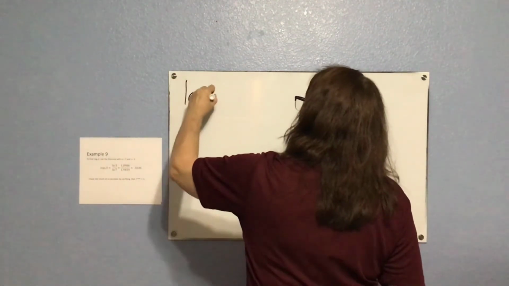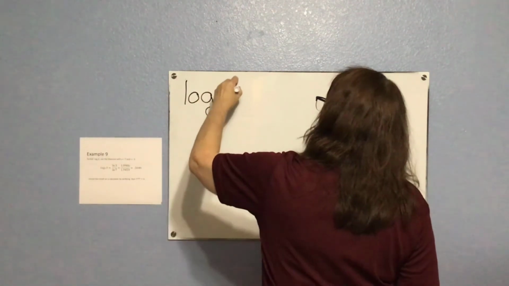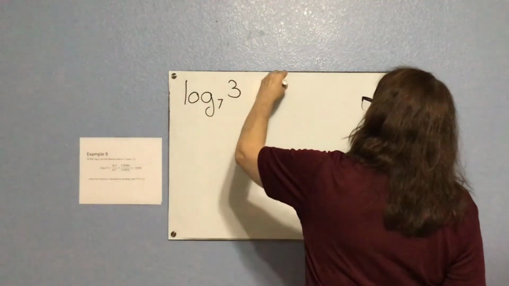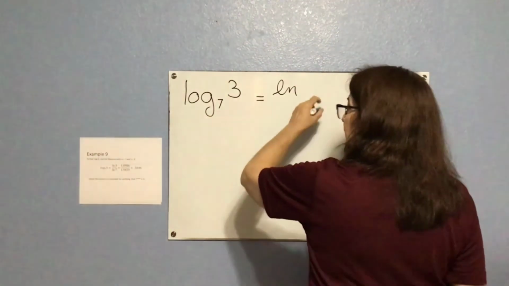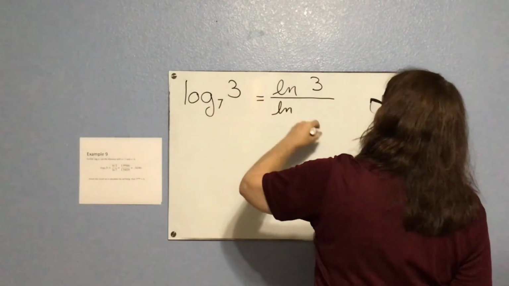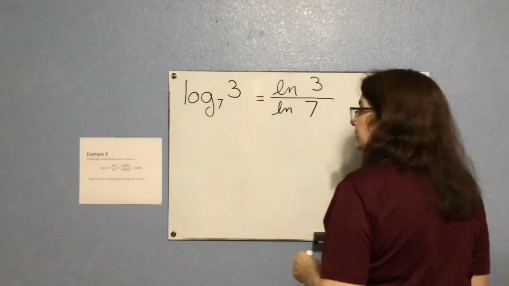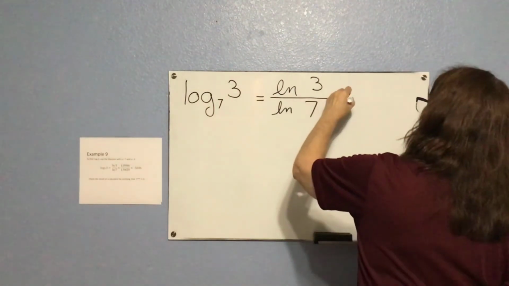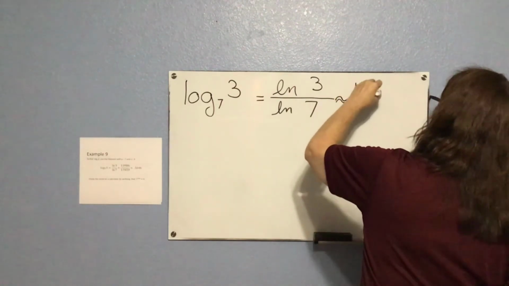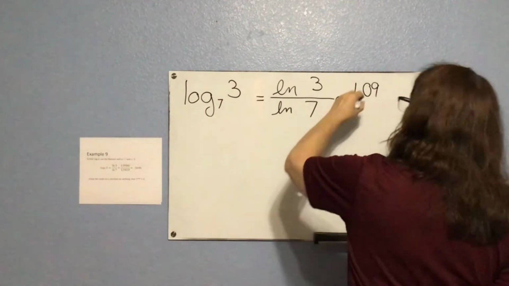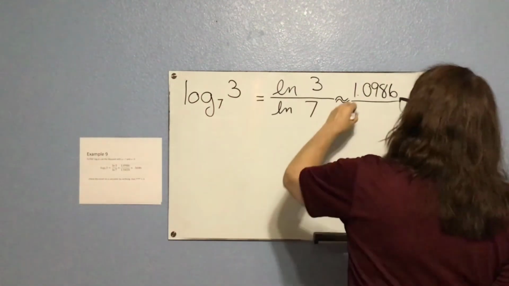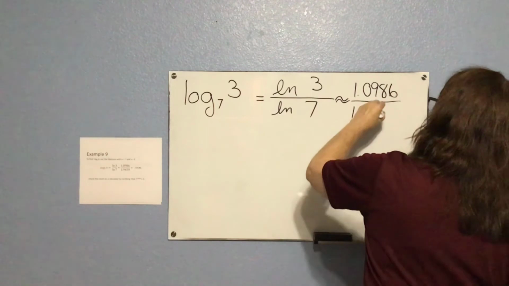I have the log base 7 of 3. I can rewrite that as the natural log of 3 over the natural log of 7. So this is approximately 1.0986 over 1.9459.